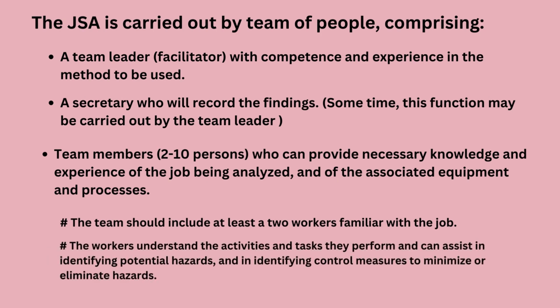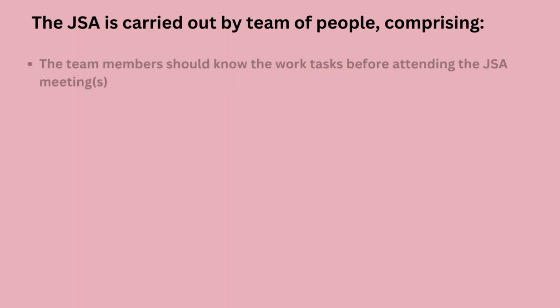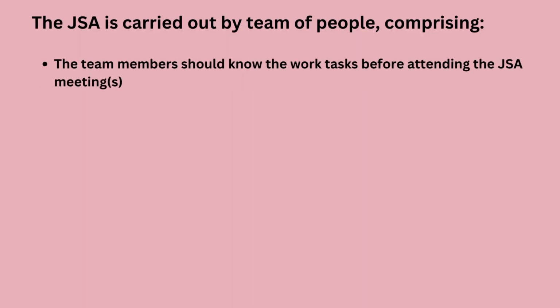The workers understand the activities and the tasks they perform and can assist in identifying potential hazards and in identifying control measures to minimize or eliminate hazards. The team members should know the work task before attending the JSA meetings.